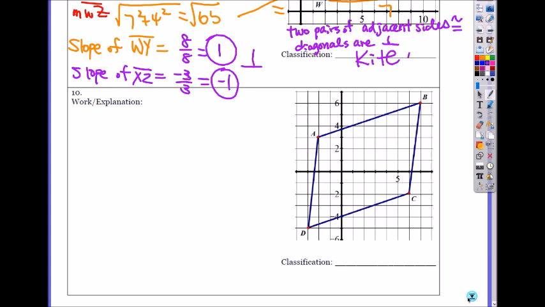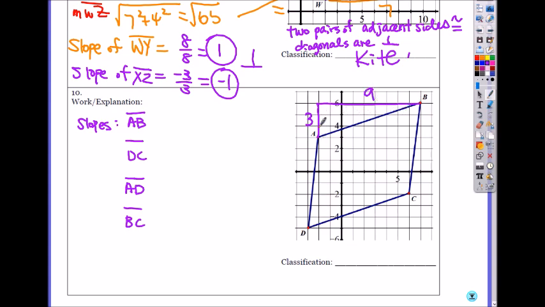So in most cases, you're going to find all the slopes and all the lengths. Let's start with slope, because slopes are easier. So let's write slopes here: segment AB, segment DC, segment AD, segment BC. For AB, it's 3 up and 9 across.